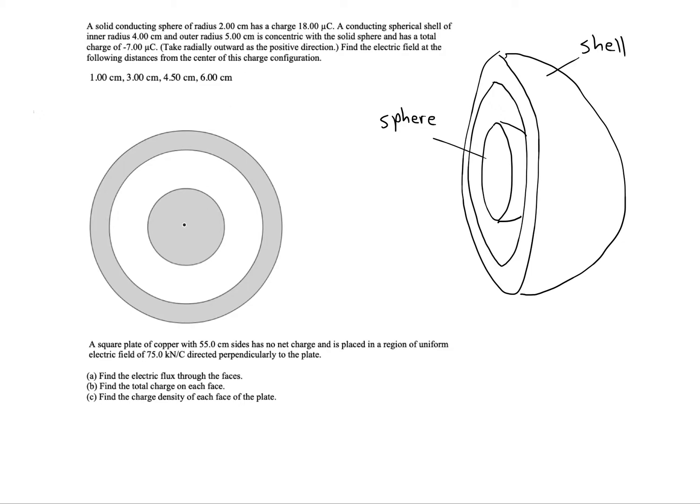Now the radius of the inner sphere is 2 centimeters. But the shell has an inner radius of 4 centimeters and an outer radius of 5 centimeters.